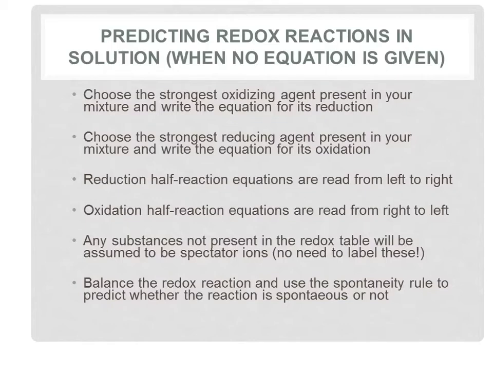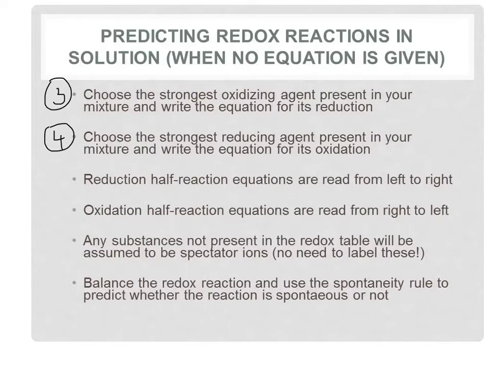Once we have everything labeled, we're going to choose the strongest oxidizing agent present in our mixture and write the equation for its reduction. We're then going to choose the strongest reducing agent present and write its equation for its oxidation.